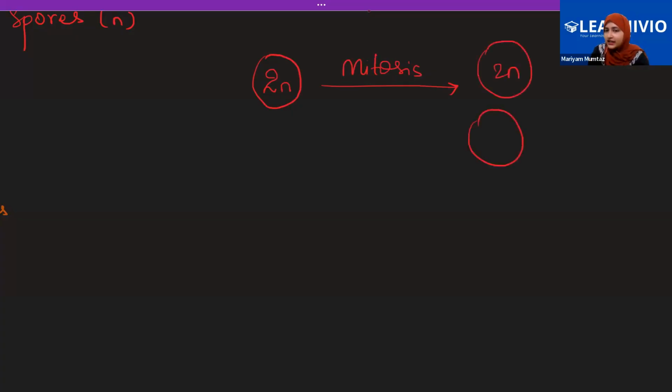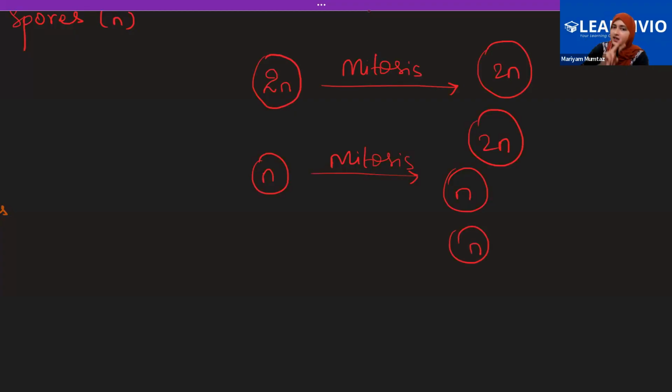It will just increase the number of cells. The same thing happens in the haploid also. If the haploid cell undergoes mitosis, it will form 2 haploid cells only, because after every mitotic division, 2 daughter cells of the same kind are formed.